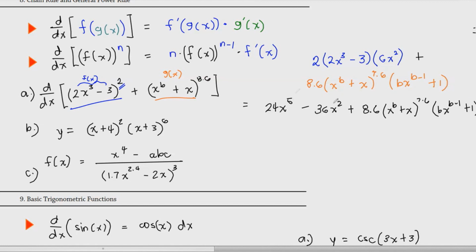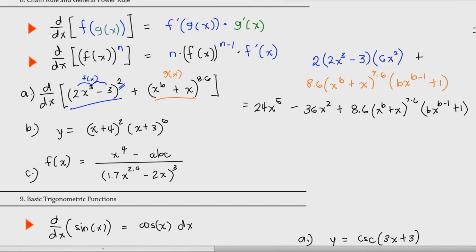Okay, and then don't forget to write dx. Need to add some dx here so that it finalizes our answer. So we have dx. Okay, so this is our answer for this problem.